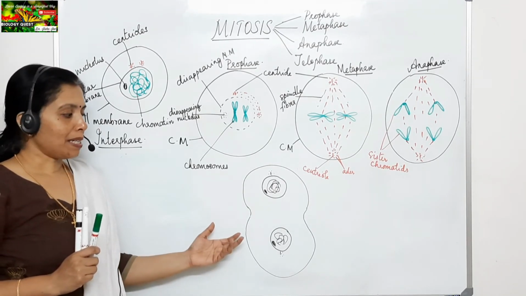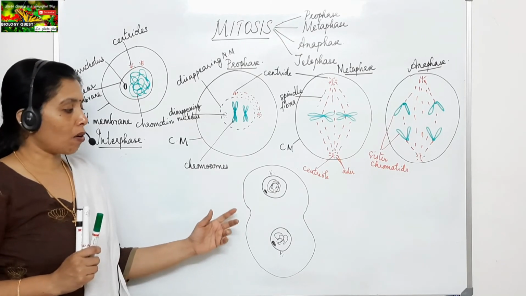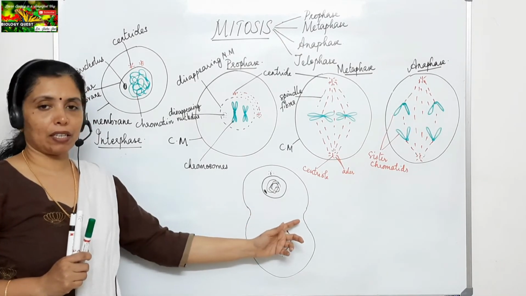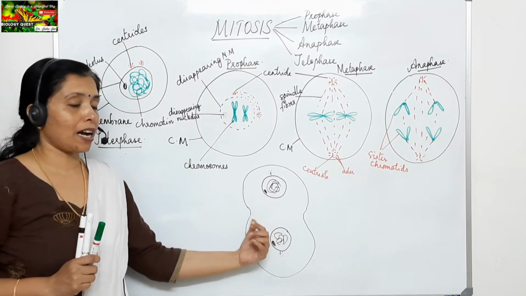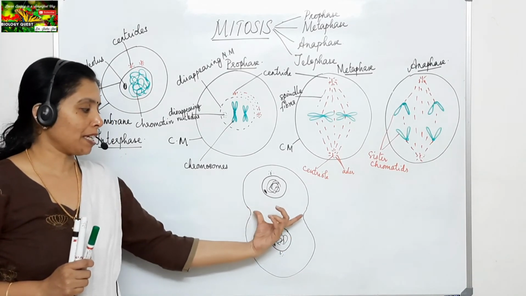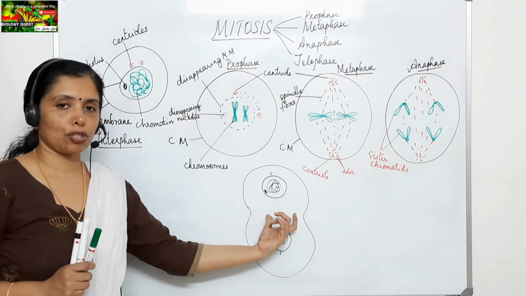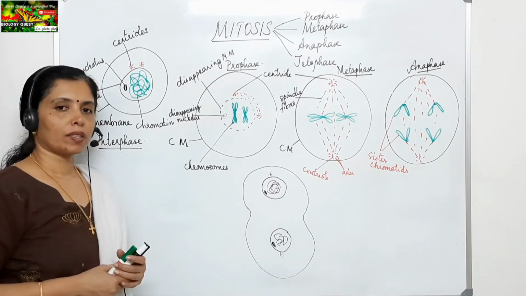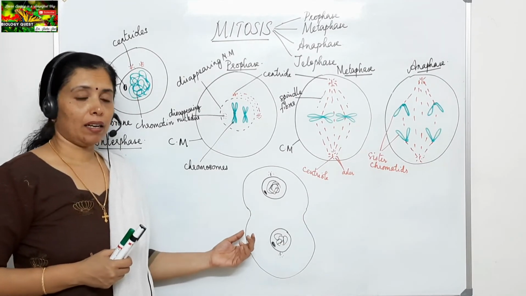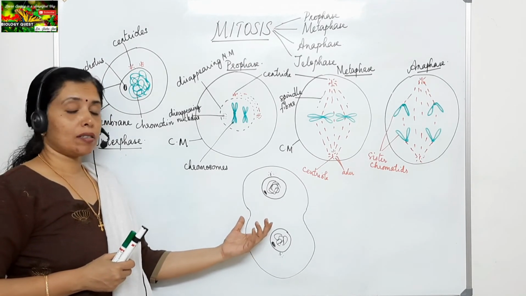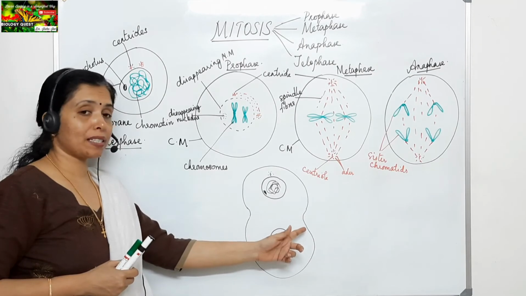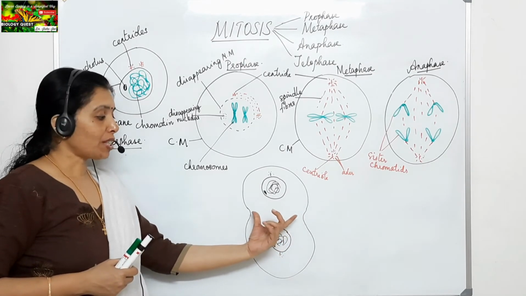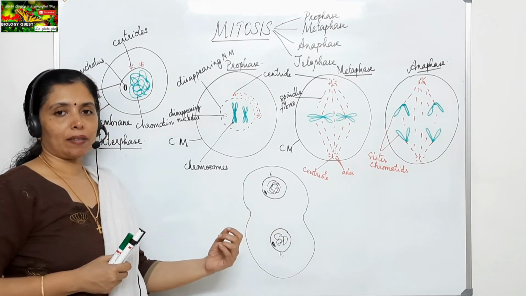So in animal cell, cytokinesis occurs from the periphery. Furrows start to develop from the periphery, and they extend to the center. So in animal cell, cytokinesis occurs by the formation of furrows. You can see furrow formation taking place from the periphery, which extends towards the center.